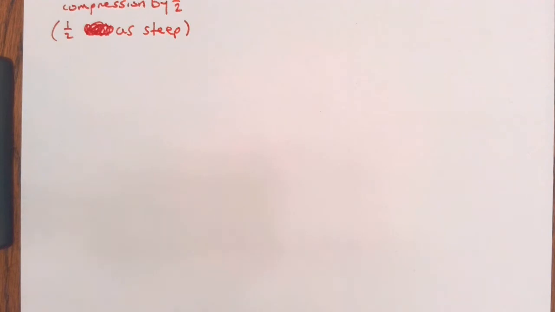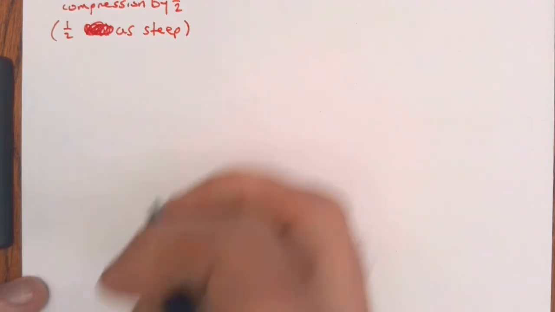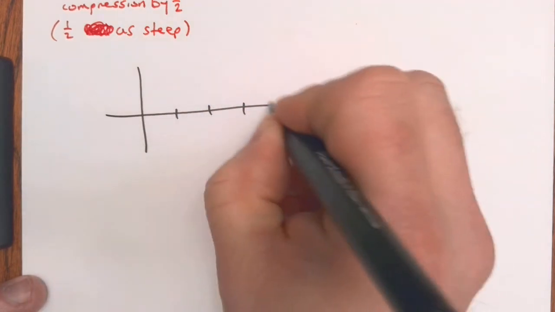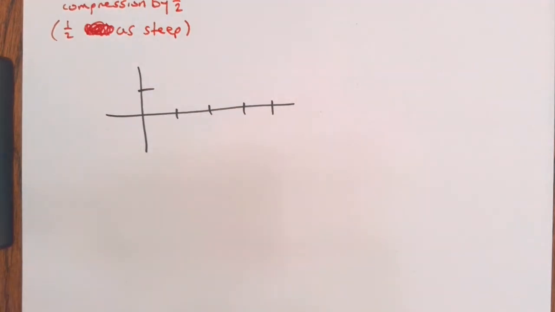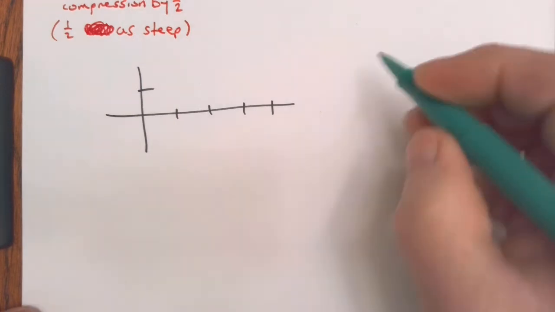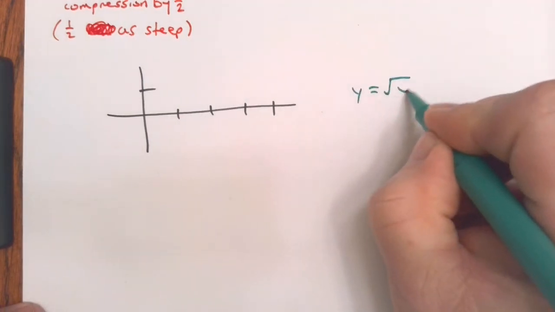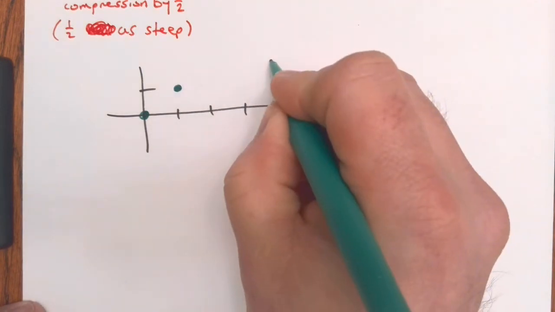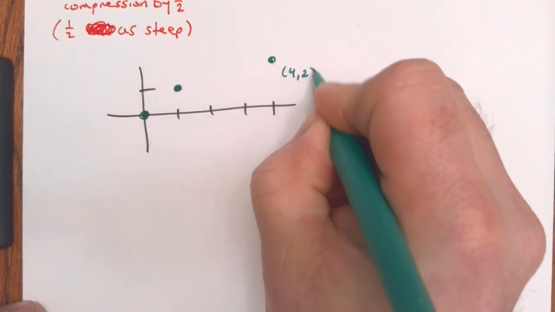So let's talk our way through that. The parent function graph that we just had on the previous screen, y equals the square root of x, has a point at 0, 0, has a point at 1, 1, and then has a point at 4, 2.